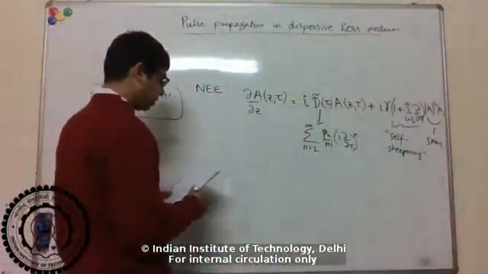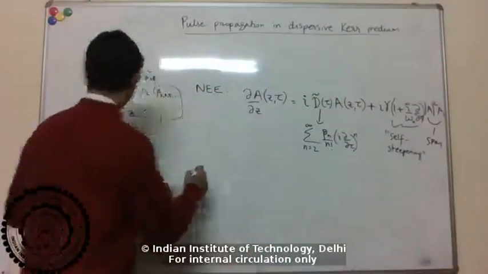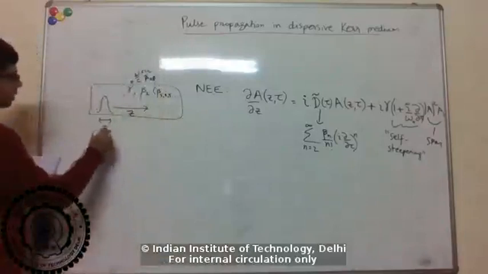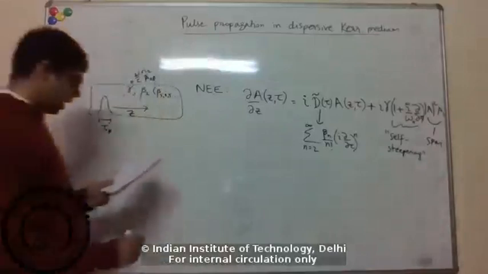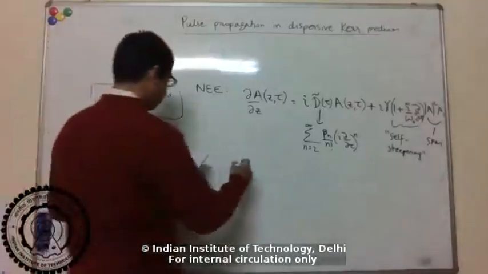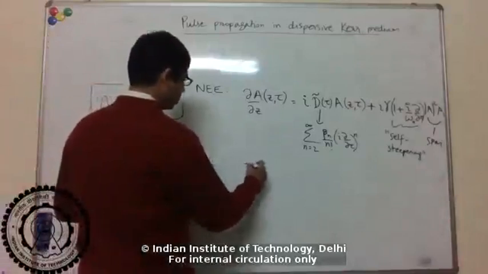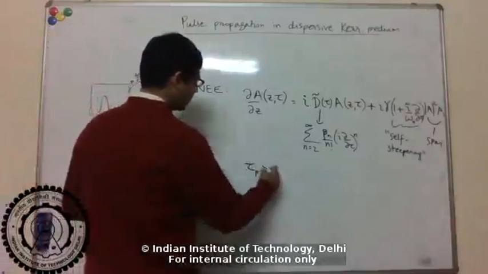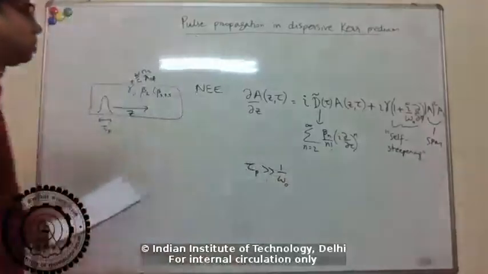By making certain approximations. The first is if the optical pulse duration is some tau p, and tau p is much greater than 1 over omega naught.